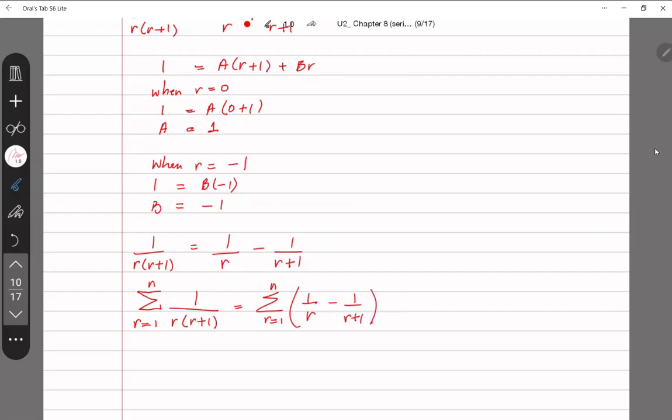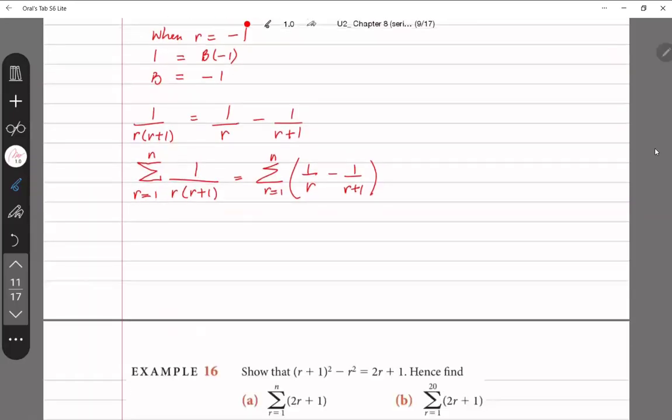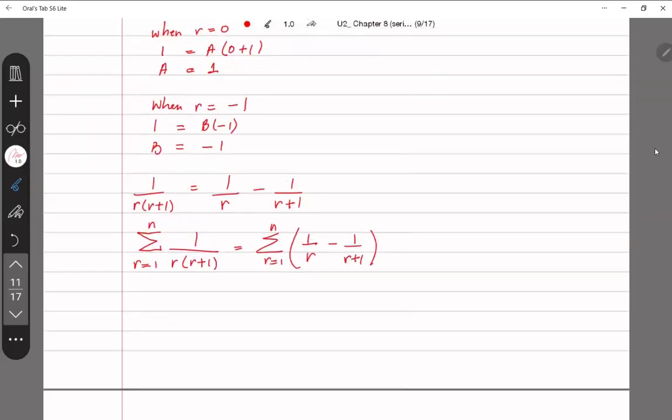So let us write this out. When r is 1, you're going to have 1 over 1 minus 1 over 2. That's the first term. Plus, when r is 2, you get 1 over 2 minus 1 over 3. Second term.